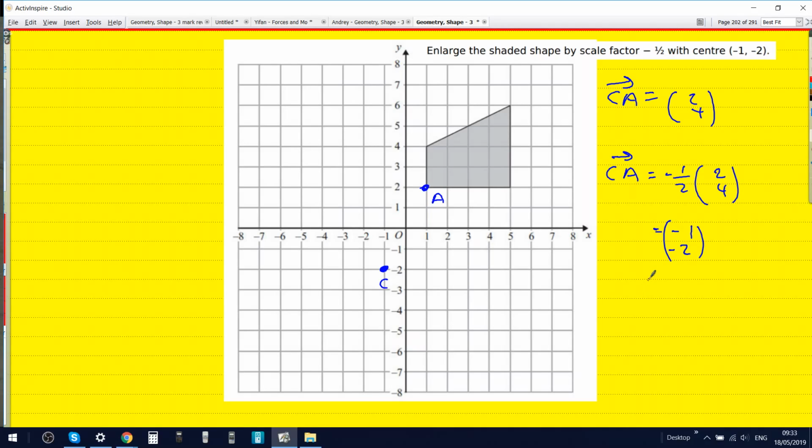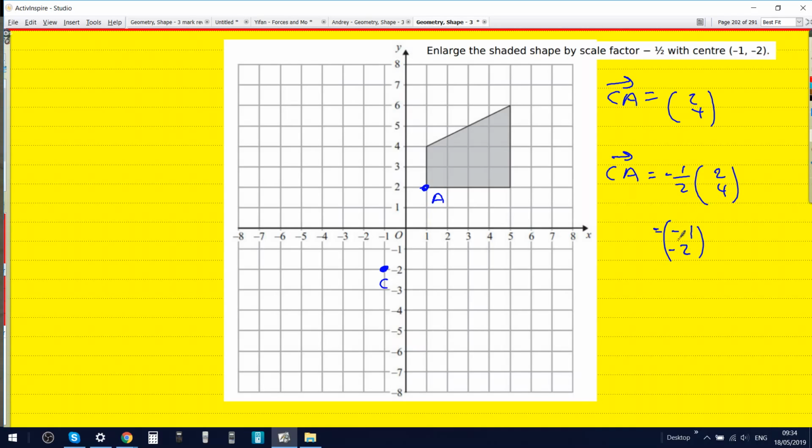And then with that, do I then need to do so from -1, -2? I need to go -0.5 up for each one. Oh no, wait. Because it's -0.5 scale factor, it needs to go down. Okay. To where? So does it need to go 1 down from C?